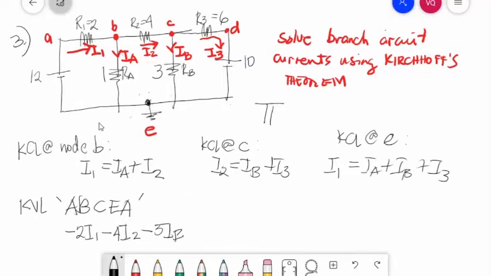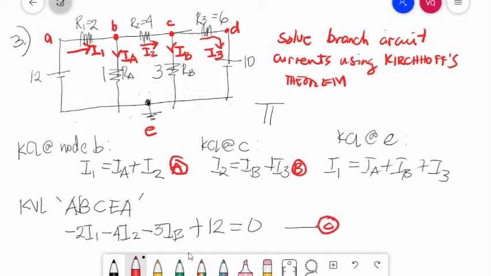And then EA, my motion enters the negative sign of a battery, so plus 12 is equal to 0. Okay? So, this will be my equation. Ito yung gagamitin ko na nodes, B and C. So, this will be my equation A, equation B, and equation C.